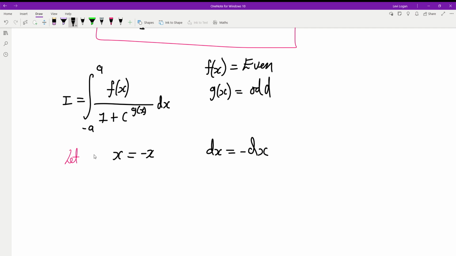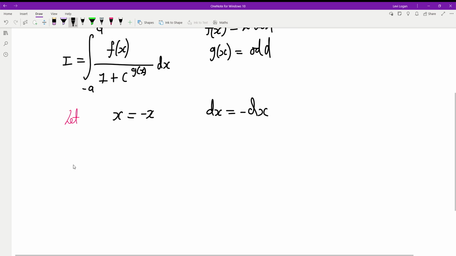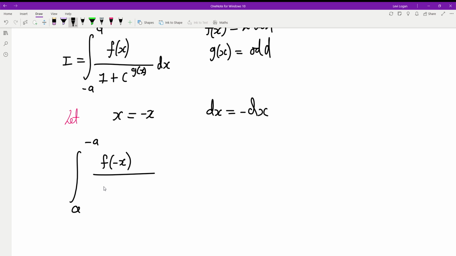If I substitute that in, I get my bounds as a to -a, f of -x on 1 plus the constant to the g of -x, and -dx. I can flip my bounds around and it'll cancel that negative, so we can rewrite it as the integral from -a to a.